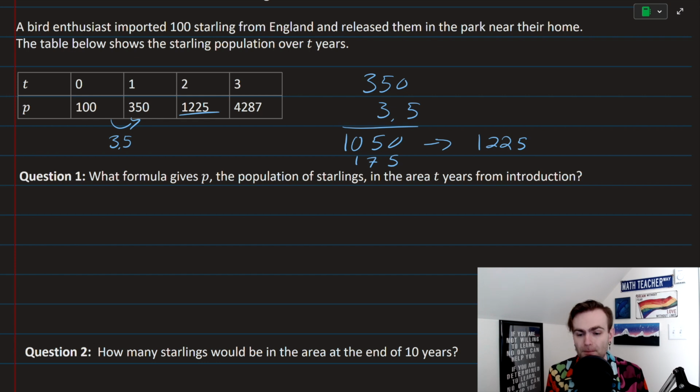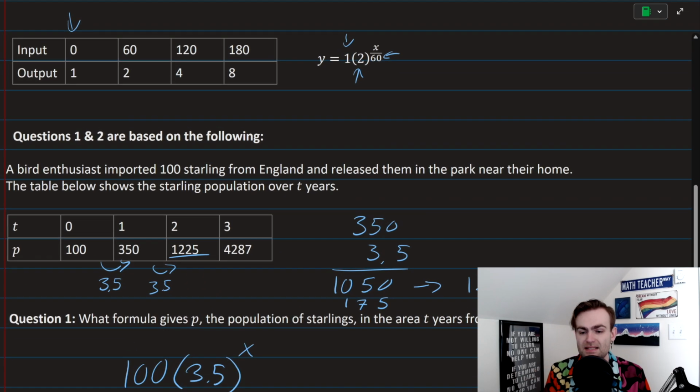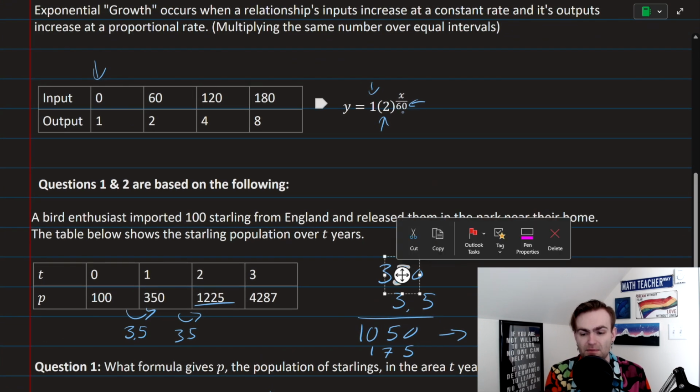4,287 works out. So what is that formula? Well, it seems like we had a starting population of 100, and that we are multiplying each of these values by 3.5. So 3.5 is going to go in parentheses, and it's going to get to the power of x. Now, does it get a denominator? If we notice in the example I had up here, we had a denominator. That denominator was 60.